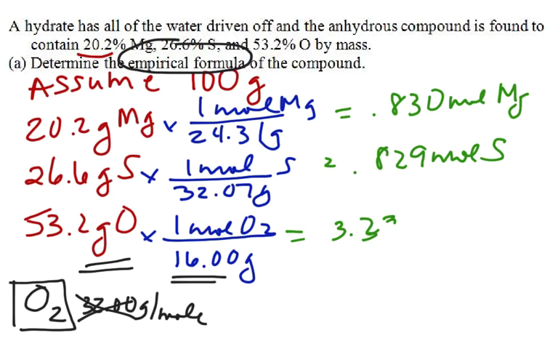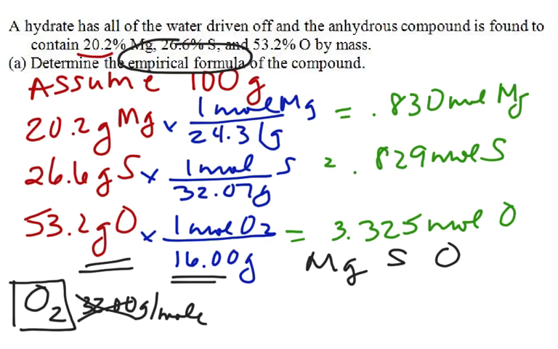3.325 moles of oxygen. So our compound has magnesium, sulfur, oxygen, and it's in these ratios. So we're going to take all three of these numbers and divide them by the smallest number, which is 0.829.